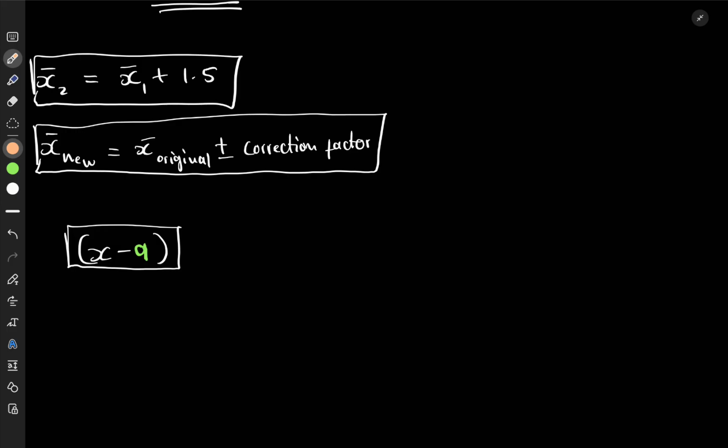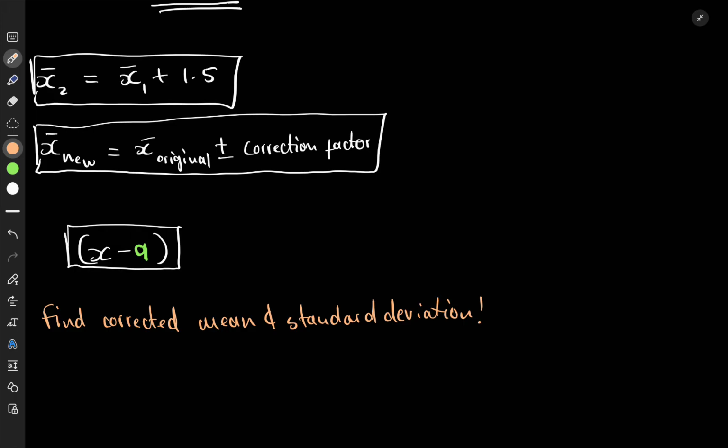Then they'll say find the corrected mean and standard deviation. So what do you do to find them when you have something like this?